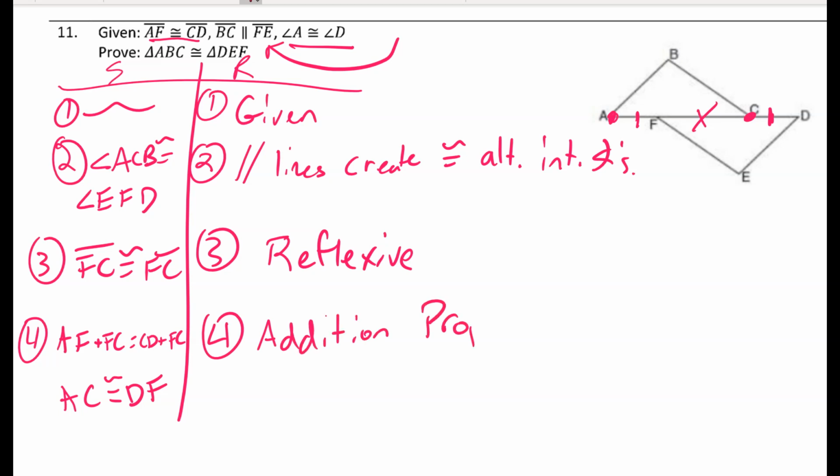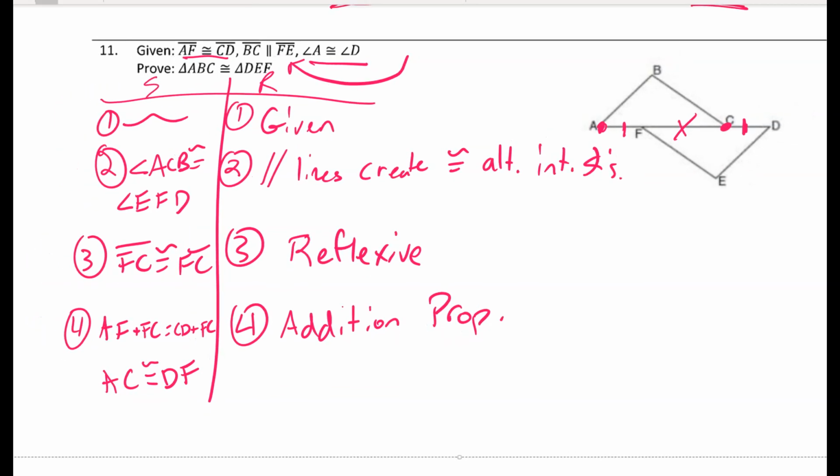You could consider that an addition property and a substitution property, but I normally lump those into one step. Now, if I mark up my picture, I've got AC and FD congruent, so I've got a side, an angle, and another angle. So this looks like an angle, side, angle proof.